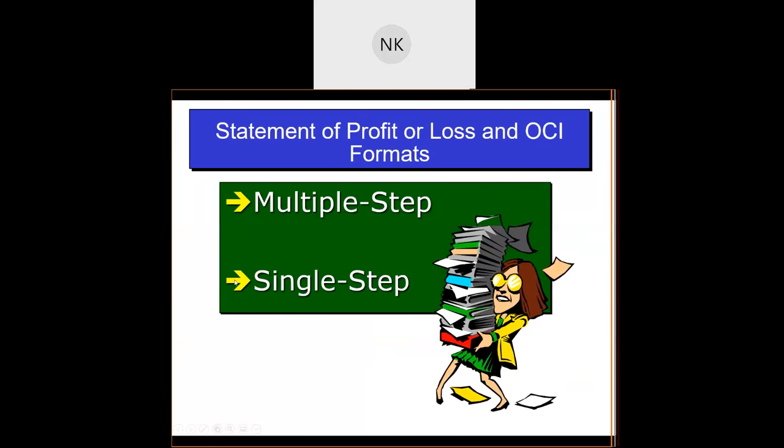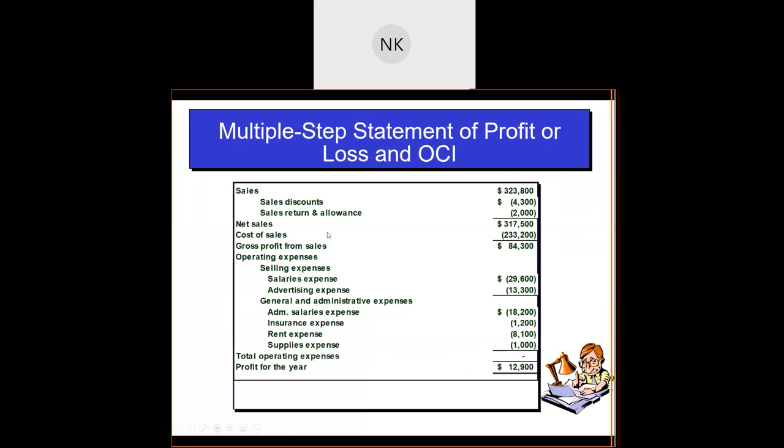Okay, that's it. Right. So just to wrap up, there are two types of profit and loss that you can present. One, we call it multiple step. Multiple step separates operating expenses and general and administrative expenses. Operating expenses are those expenses that have a connection or relationship with sales.